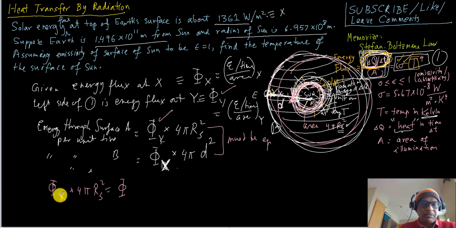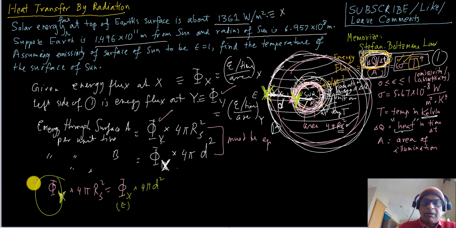Make sure I'm doing it right. So this was called x and this point was called y. So phi x is at the Earth times 4 pi d squared. So this is what we want.